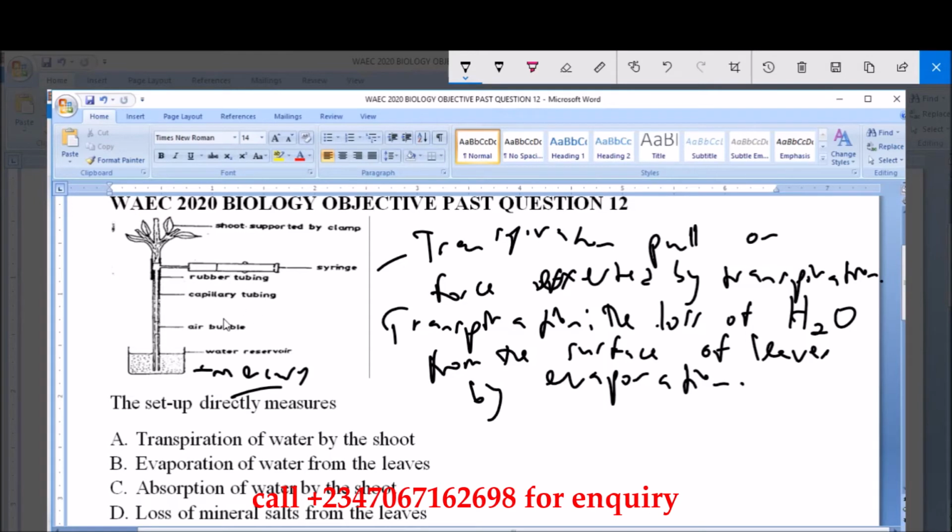So in this setup, as water evaporates from the leaves, water or whatever liquid is in the reservoir will be taken up the capillary tube, and as it's taken up the capillary tube, you'll be able to measure the force or the pull that transpiration carries out. So as we have rightly established, transpiration of water by the shoot, which is option A, is what this setup is designed to measure.